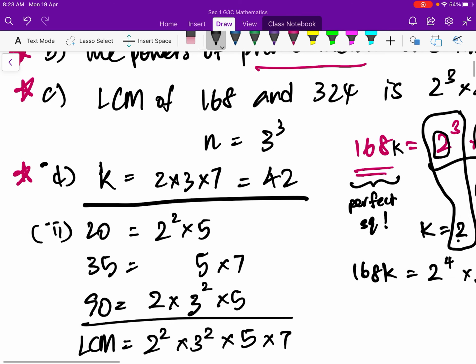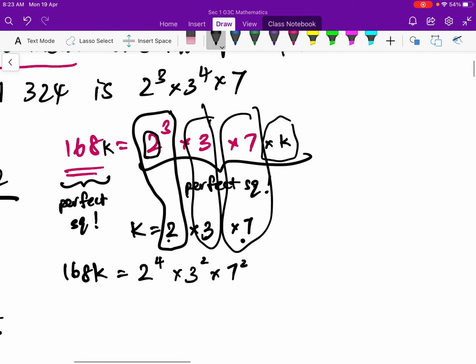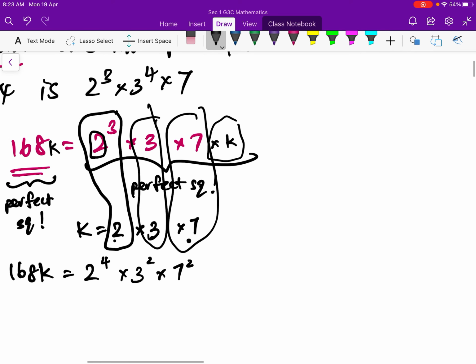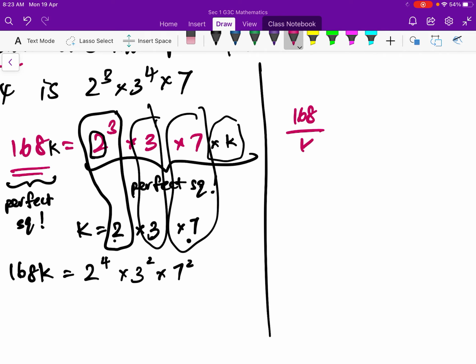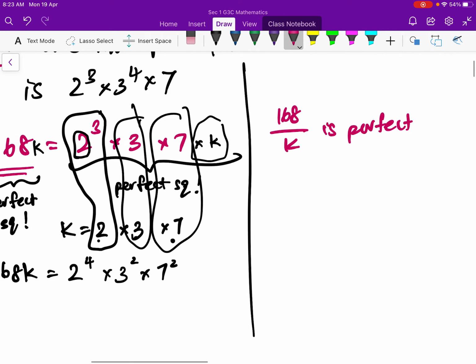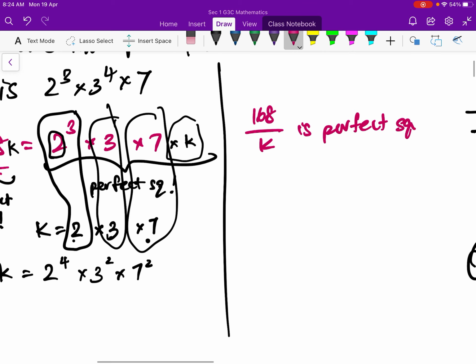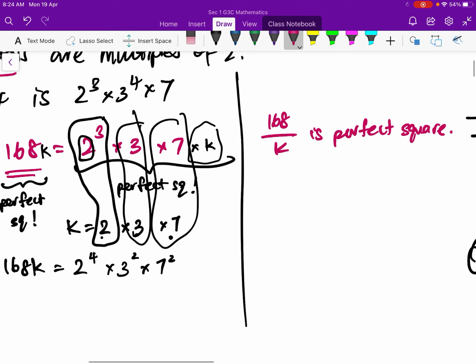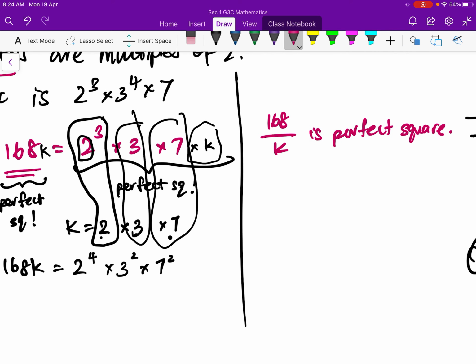Okay, now using the same question, I'm going to form a new question. 168 over k is a perfect square. So what is the value of k?